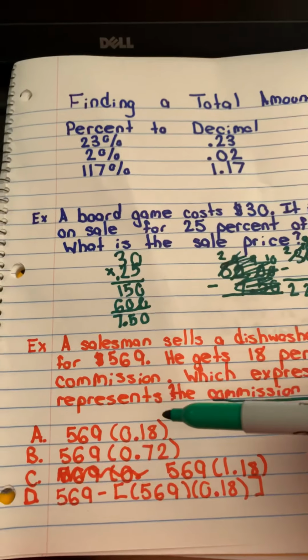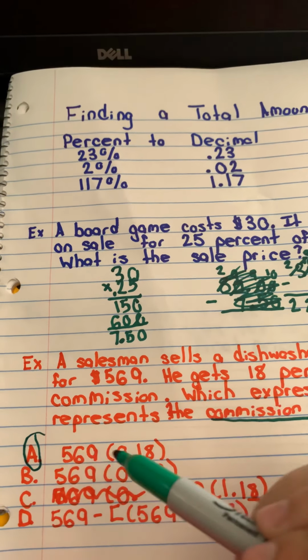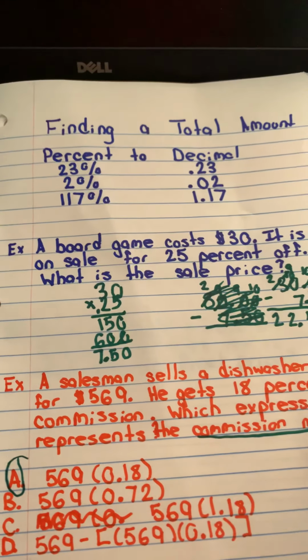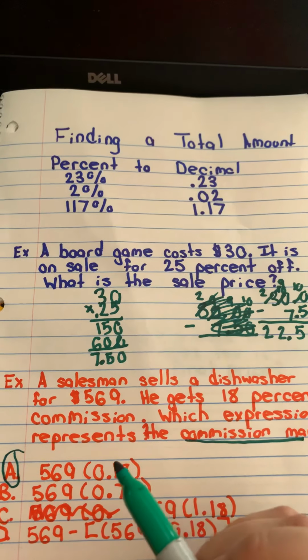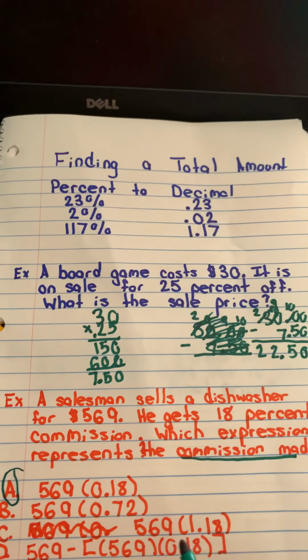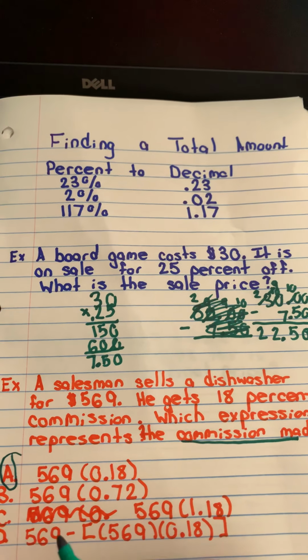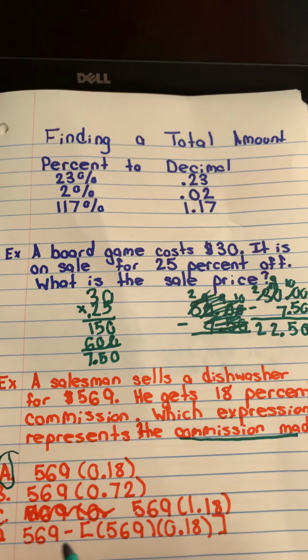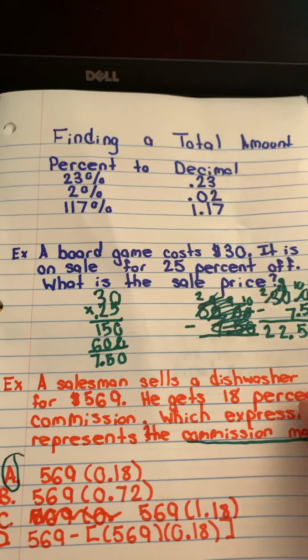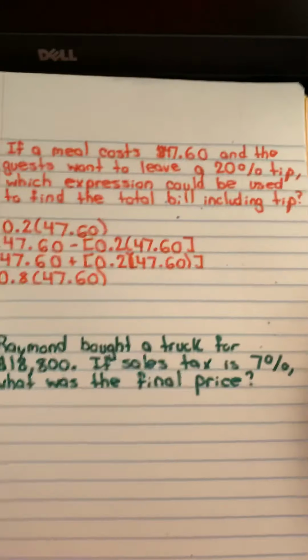And the only one that matches that is A, 569 times 0.18, and that would tell me exactly how much commission he made. You're not multiplying by 0.72, you're not multiplying by 1.18, and you're not going to subtract. Because if you subtracted, you'd have the total dishwasher minus how much commission he made, and that doesn't make sense.